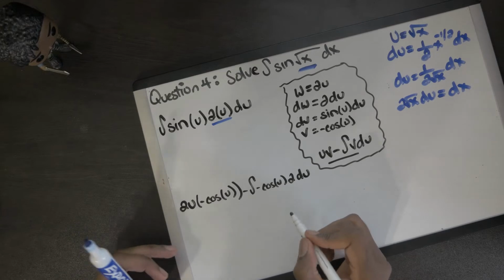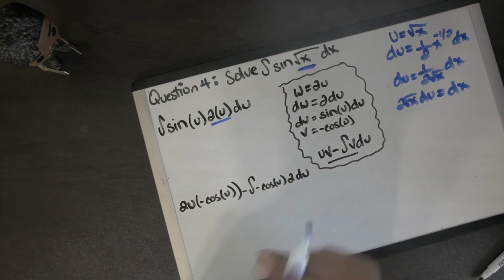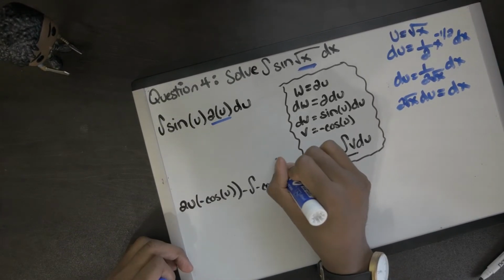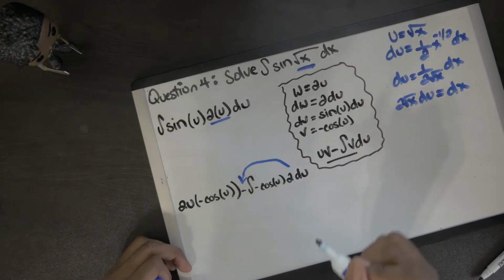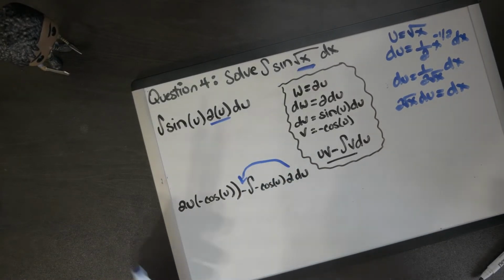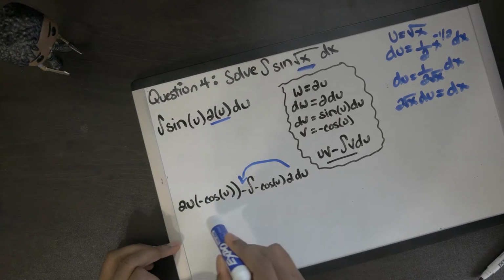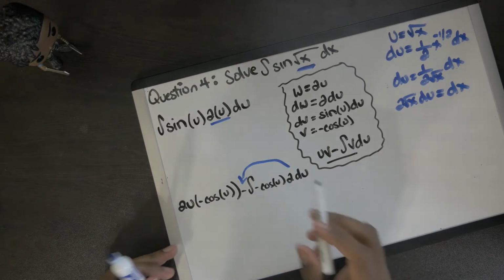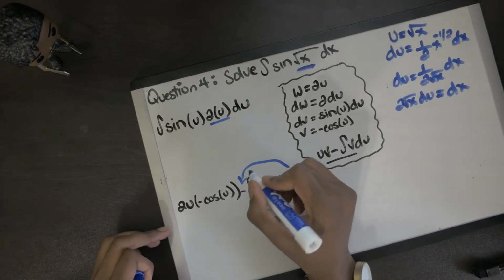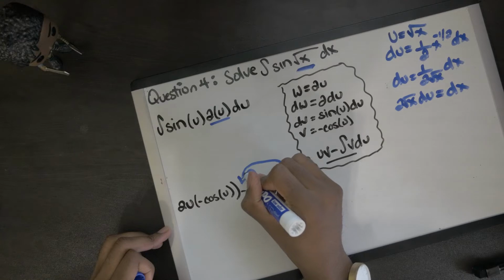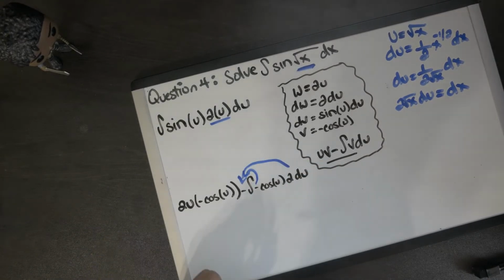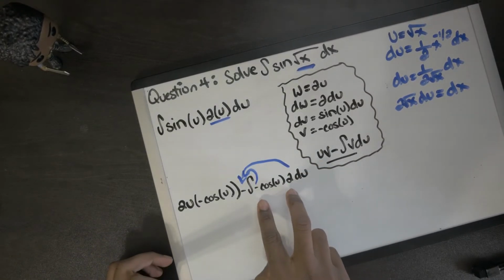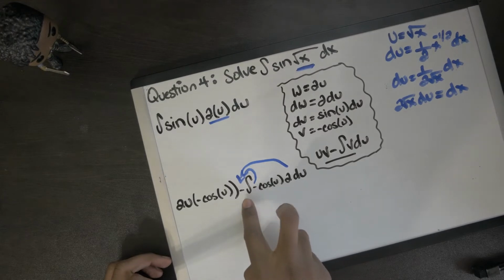So what we can do, and I'll use the blue marker, we can actually bring this constant value of 2 out of the integral, and we can also then distribute what we have within these parentheses. So what is that going to leave us with? Well, let's look at it now. And keep in mind, actually, now that we're looking at it, we can also bring out the negative. So we're going to be bringing out two things, the negative and the 2 out in front.